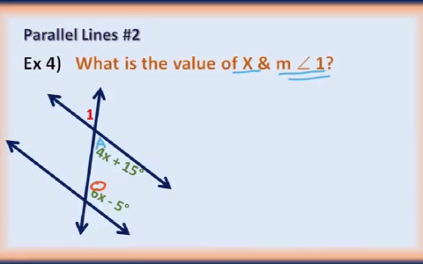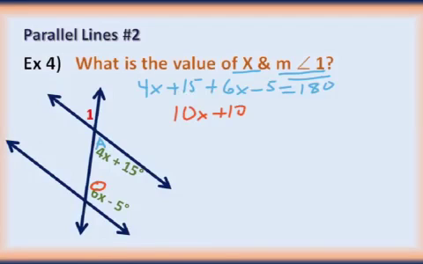So let's go ahead and write our equation. 4x plus 15 plus 6x minus 5 equals 180. Let's go ahead and combine our like terms, leaving us our next step. 10x plus 10 equal to 180 when we combine our like terms.